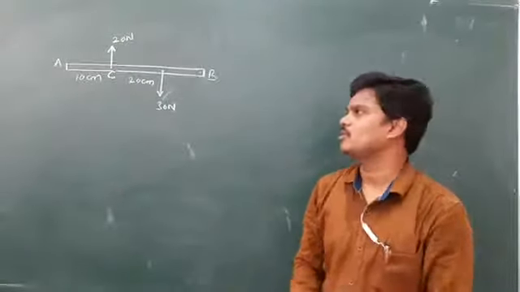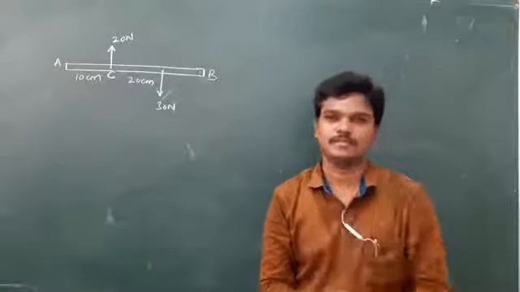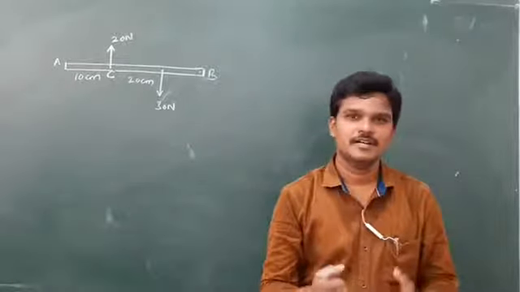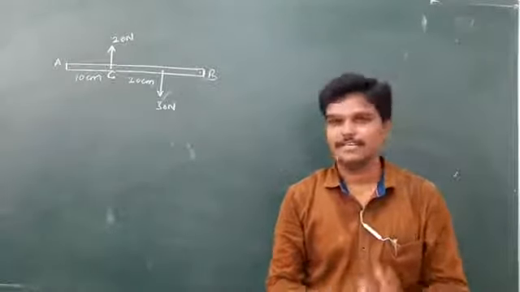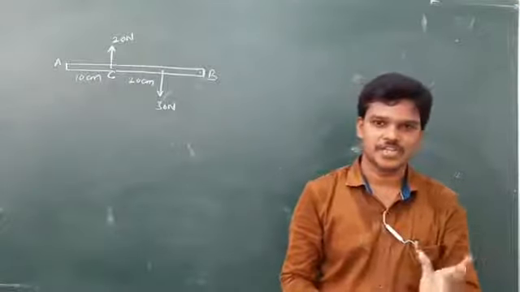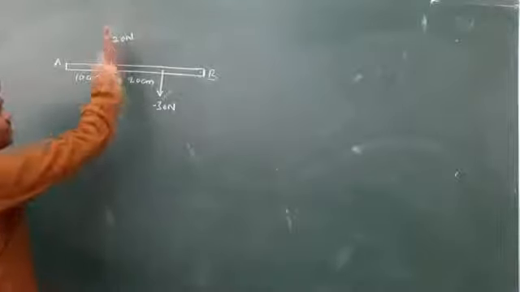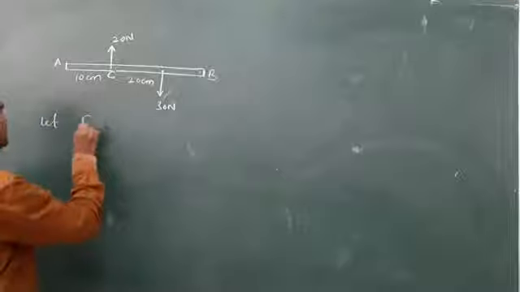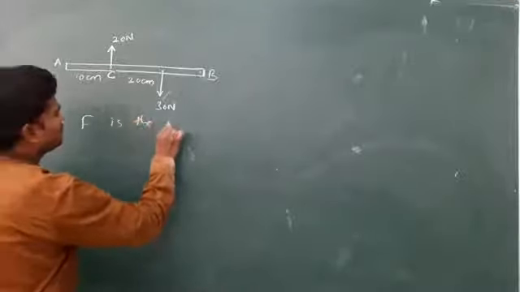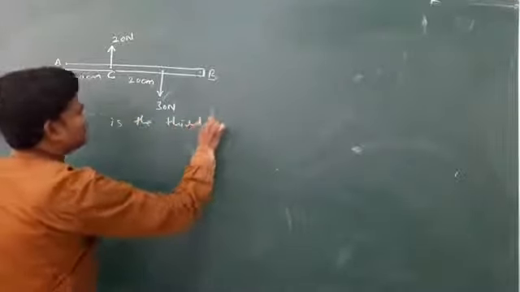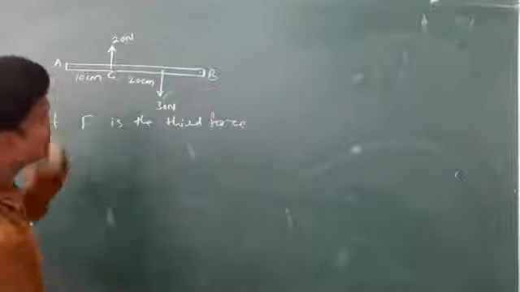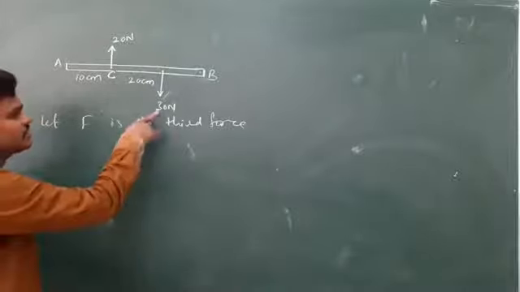To solve this type of problem, use the equilibrium concept. Equilibrium concept means one is translational equilibrium, the other is rotational equilibrium. See, 20 Newton is acting up, 30 Newton is acting down. So let some F be the third force which is acting upward to balance this. Why? Because 30 is there.